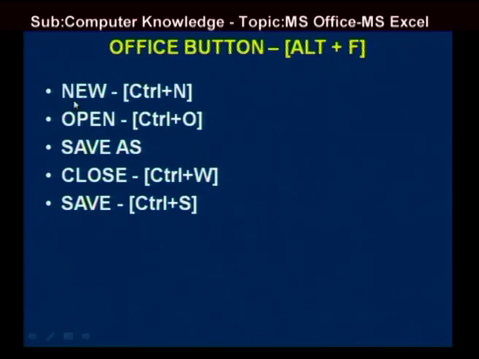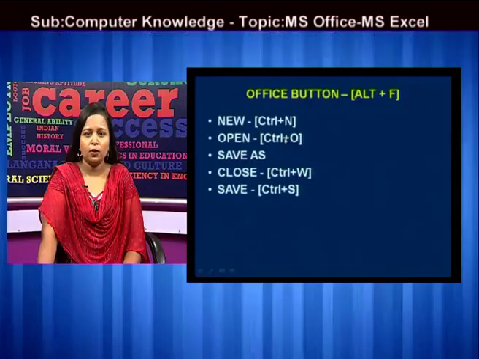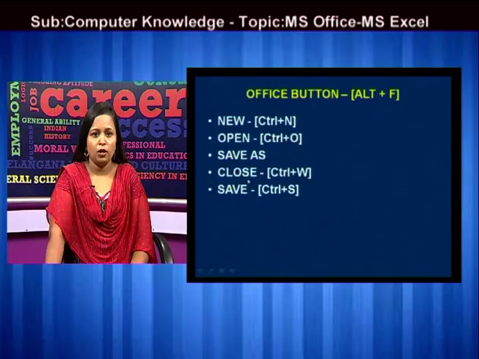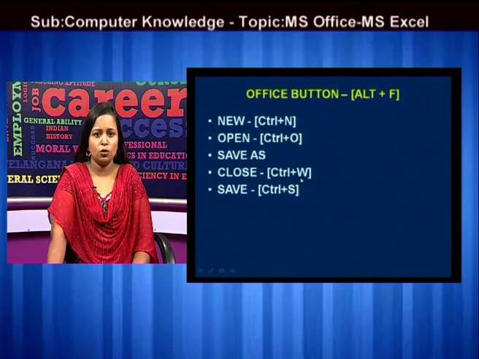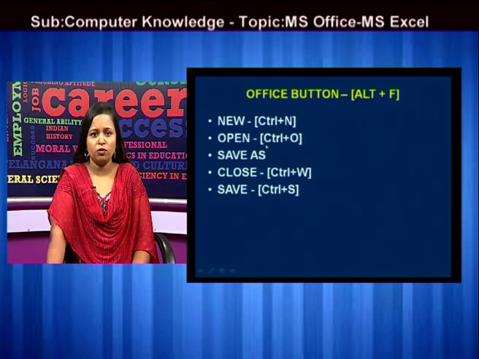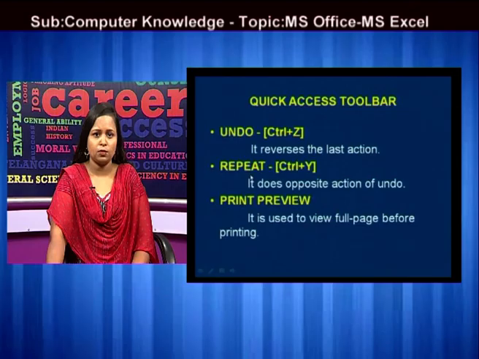The new shortcut key is Control N in any program. The open shortcut key is Control O. Next, Save shortcut key is Control S. Next, close the window is Control plus W. These are the shortcut keys and the Office button consists of these types of menus.